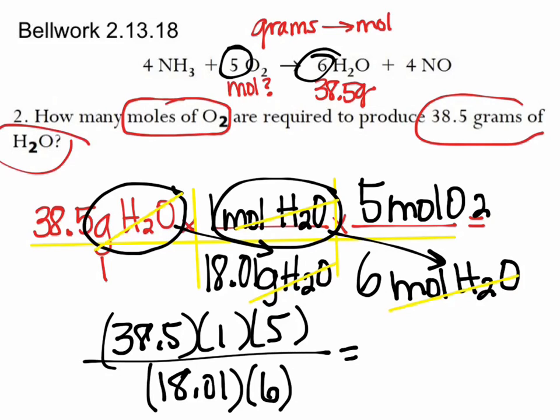Okay, now if you put this in the calculator and you got something wrong, the calculator is a machine and it is programmed to do what it's supposed to do. So if you put it into the calculator as 38.5 times 1 times 5, and then your next step is divided by 18.01 times 6, the calculator is going by its program of order of operations.